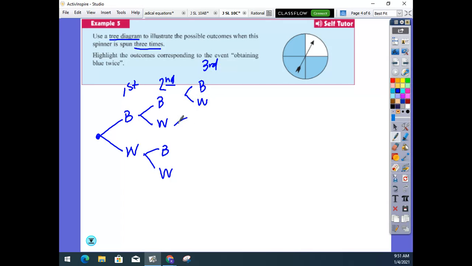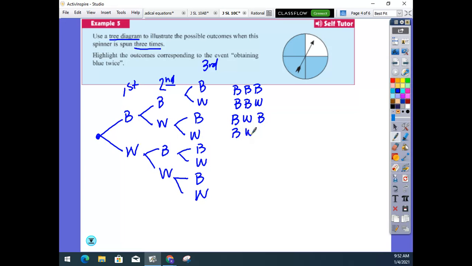Blue, white, for each branch. All right, so then we're going to follow our tree: blue, blue, blue; blue, blue, white; then blue, white, blue; blue, white, white.